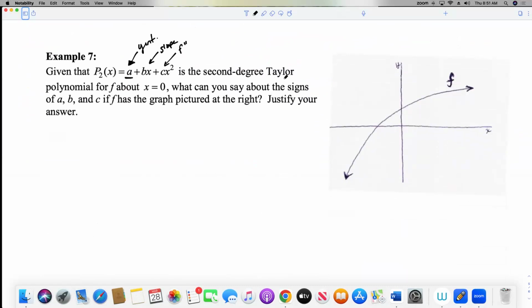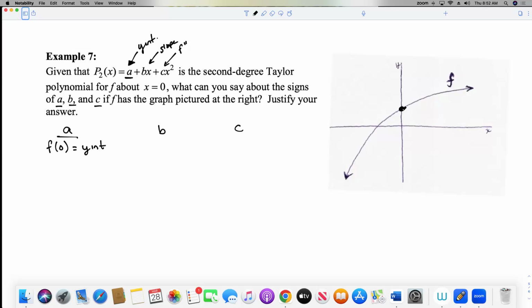So if this is a second degree Taylor polynomial for this function centered at 0, so here we are at 0, what can you say about the signs of a, b, and c? Well, let's split this up, a, b, and c. So we know that a comes from f of 0, and that is just going to be our y-intercept.